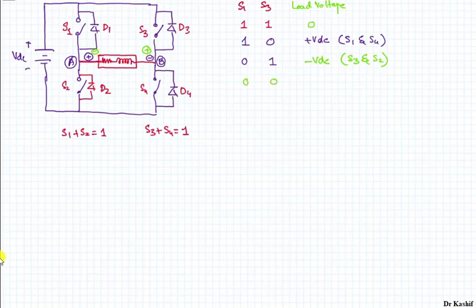Okay, next if I say the switching state 0 0, both high side switches are off, so both low side switches will be in the on state, but your load voltage will be 0 at that time because your load is not connected with the DC source.